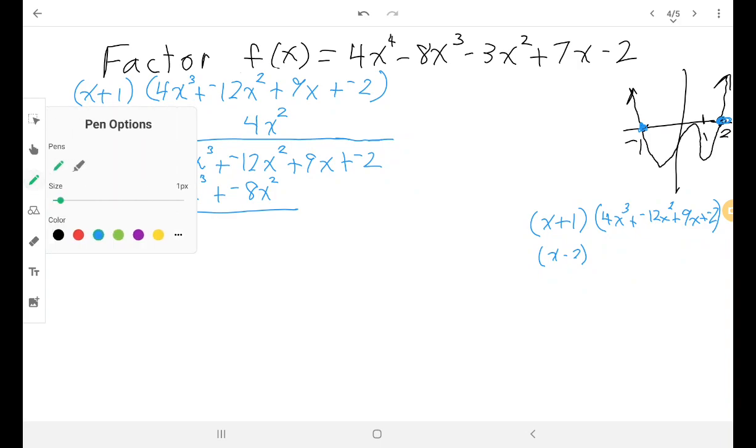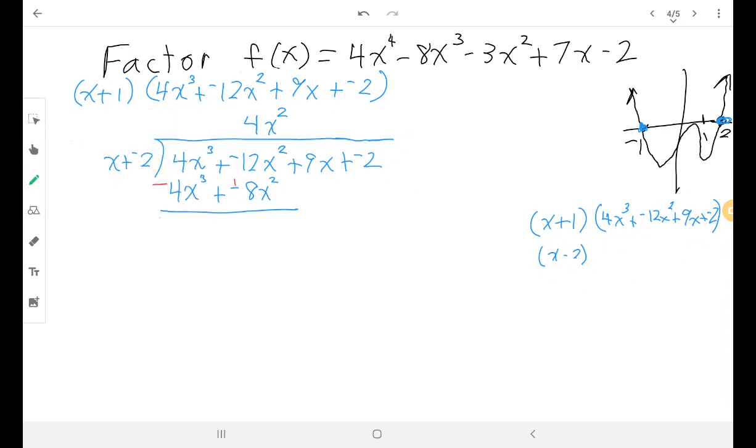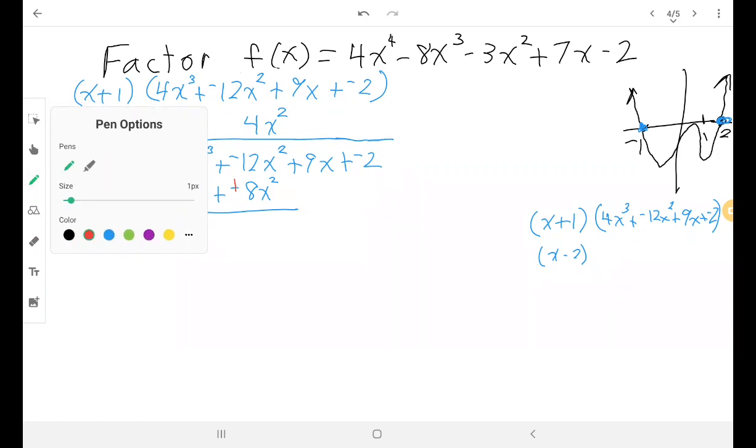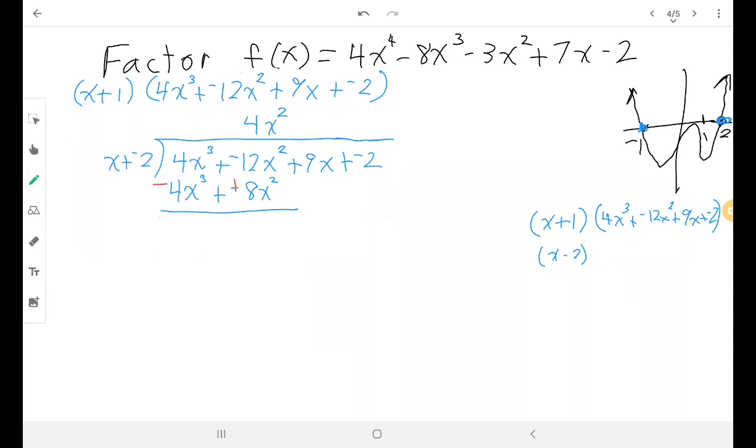Then I need to subtract them. In order to subtract them, I have to distribute a negative, so change the sign. Then those two cancel. They better cancel. That's how you design it, so that they will cancel. And then negative 12x squared plus 8x squared, positive 8x squared, is negative 4x squared. And bring down the plus 9x.